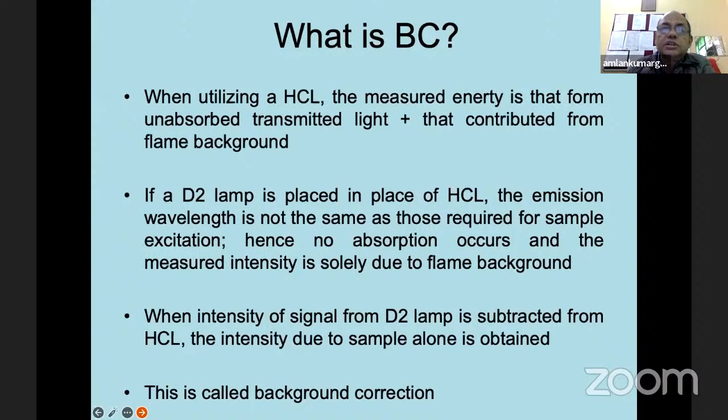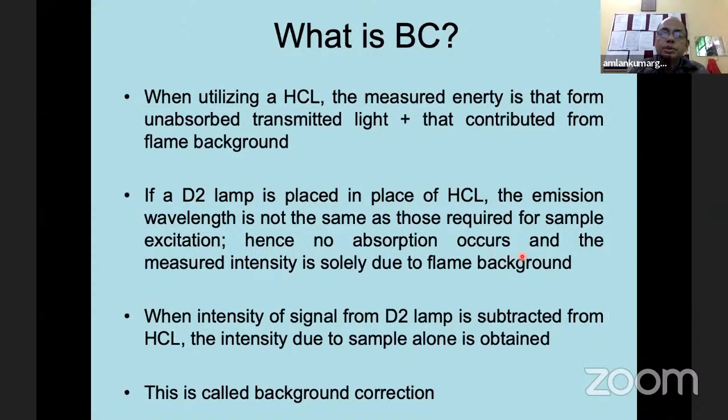So what is this background all about? When utilizing a hollow cathode lamp, the measured energy is that from the unabsorbed transmitted light plus that contributed from the flame background. So you have two types of radiation. The D2 lamp is placed in place of the hollow cathode lamp. The emission wavelength is not the same as that required for the sample excitation. So the radiation of the D2 lamp will not cause excitation, and it will not be absorbed.